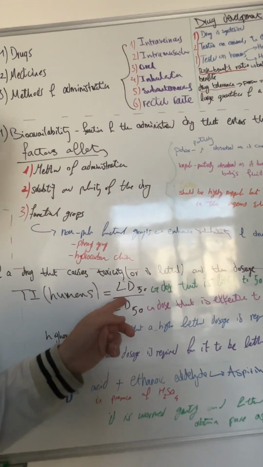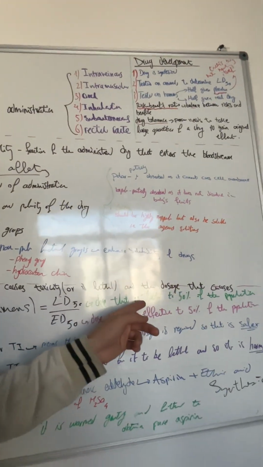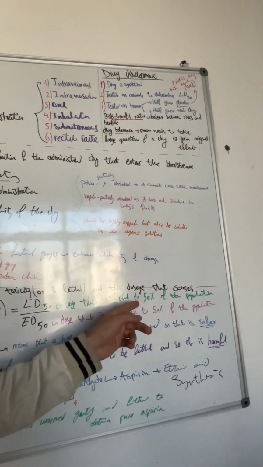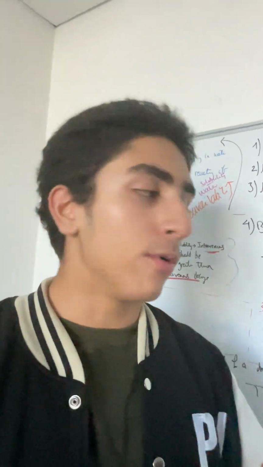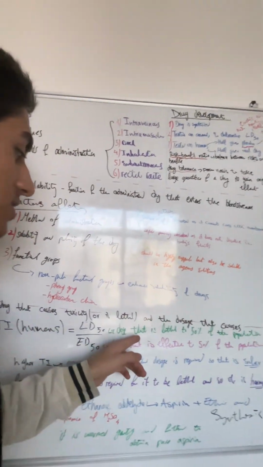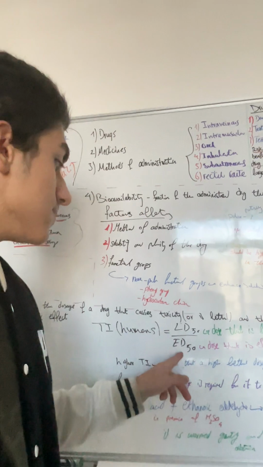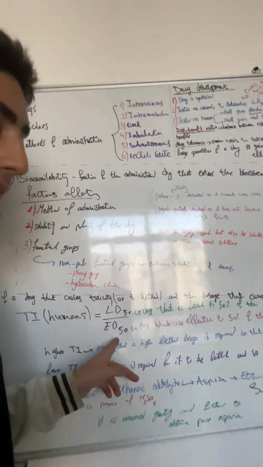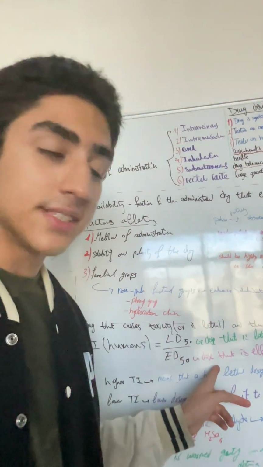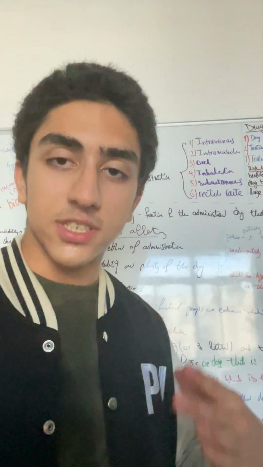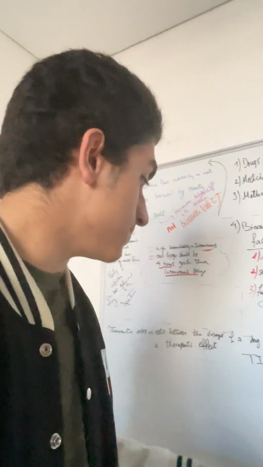Now, the lethal dosage is a dosage that is lethal to 50% of the population. Most probably during preclinical trials it's tested on animals, so it's the dosage that is lethal to 50% of the animal population. Now, the ED50 is the dosage that is effective to 50% of the animal population.